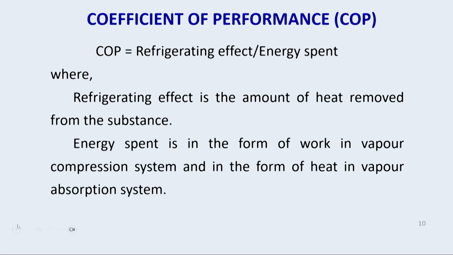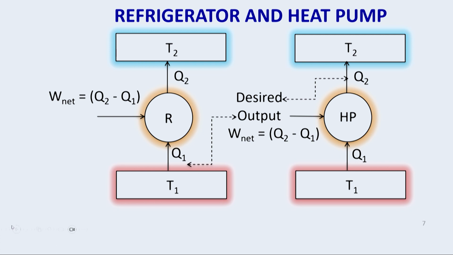Coefficient of performance is the ratio of refrigerating effect to the energy spent. Now, what is the refrigerating effect? It is the amount of heat removed from the substance. Like I was explaining, in case of a refrigerator, the desired output is Q1. This is the diagram.